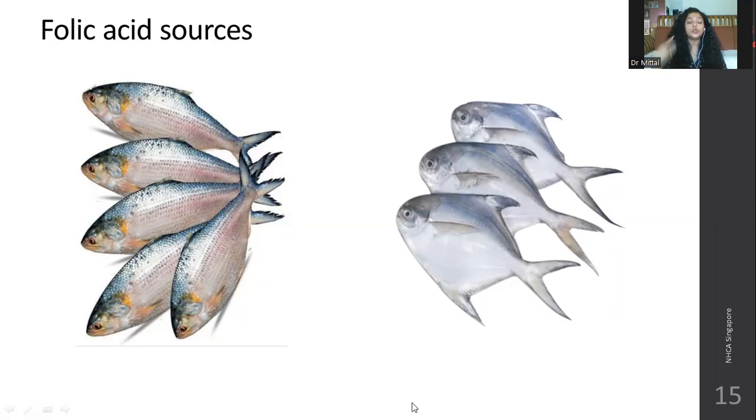And kids who are on anti-epileptic drugs, anti-convulsant drugs, okay? Kids who suffer from epilepsy or convulsions are put on anti-epileptic drugs. These drugs can induce folic acid deficiency. Just like anti-epileptic drugs are notorious for inducing niacin deficiency as well, in a similar way, folic acid deficiency can also take place.